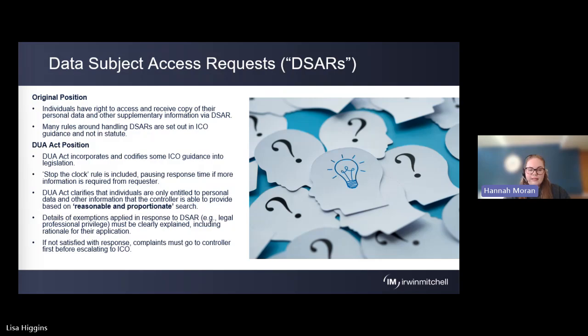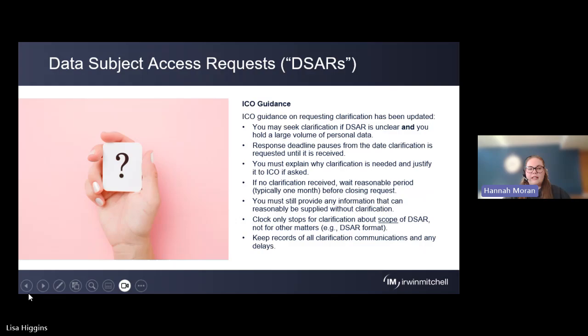So moving on to the next slide. The ICO have also updated their guidance on requesting clarification, which is quite helpful. So clarification can be sought if the scope of a DSAR is unclear and you hold a large volume of personal data about the person.